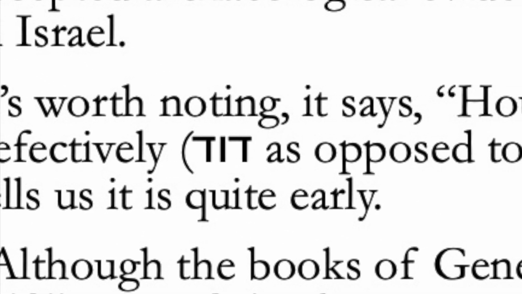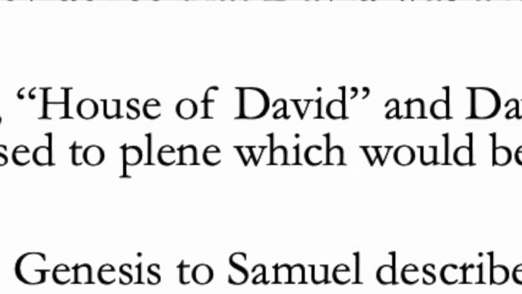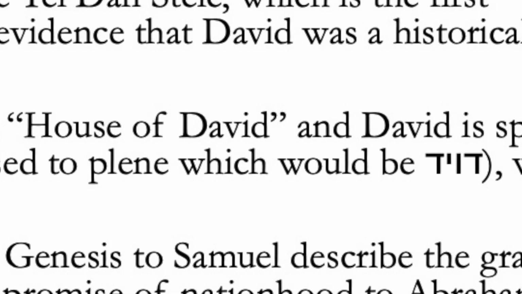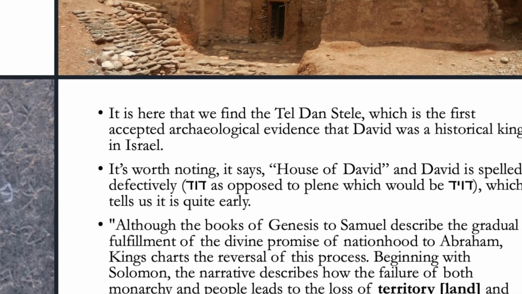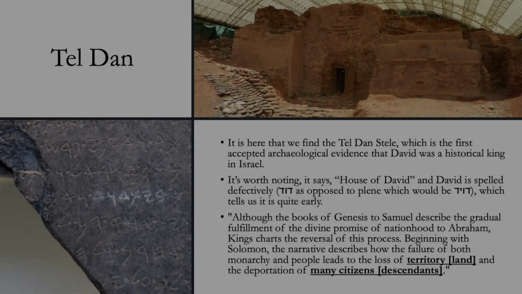And then there's a more recent way of spelling it, which is called plene, which basically just means fuller, and that's this, with that one little letter thrown in there. It's interesting that this is spelled the older way, so that tells us this is probably an older inscription, which is just interesting.